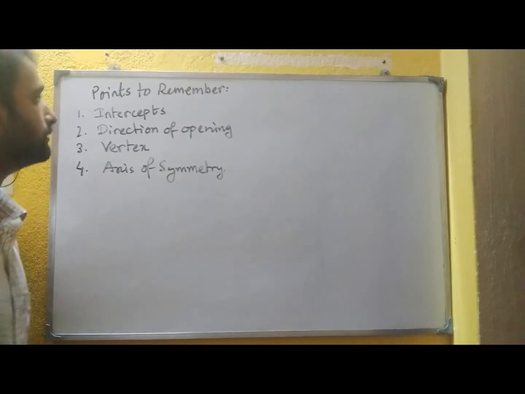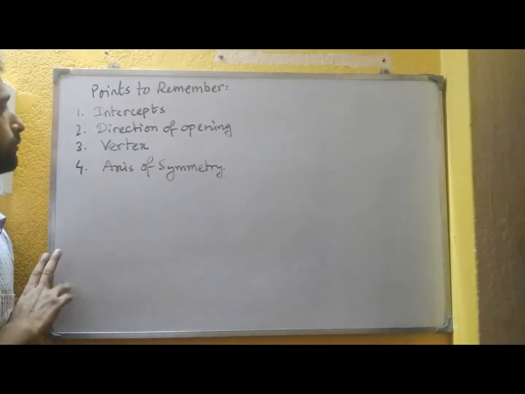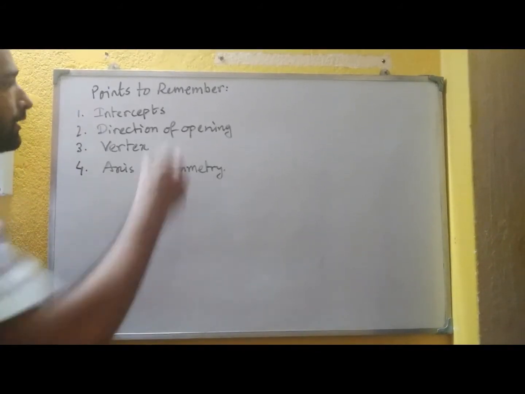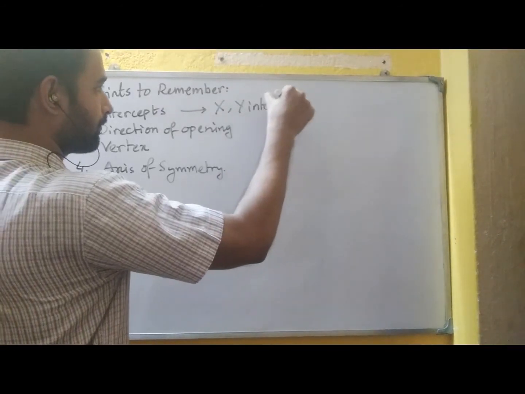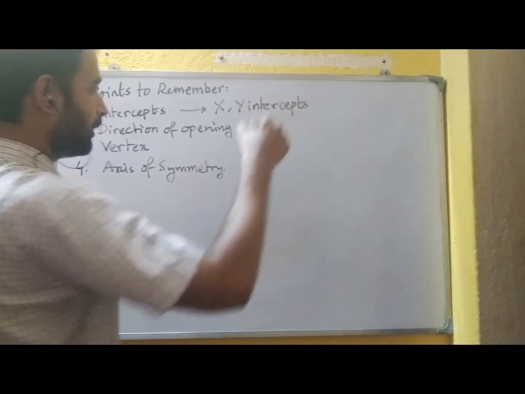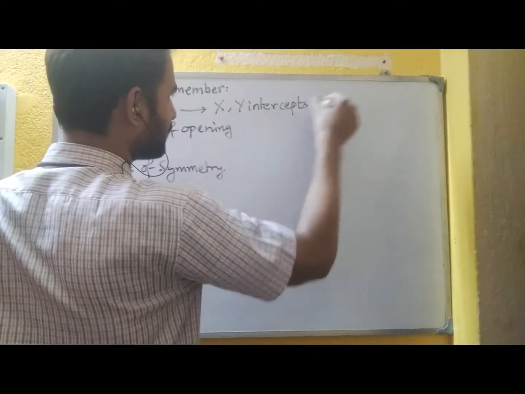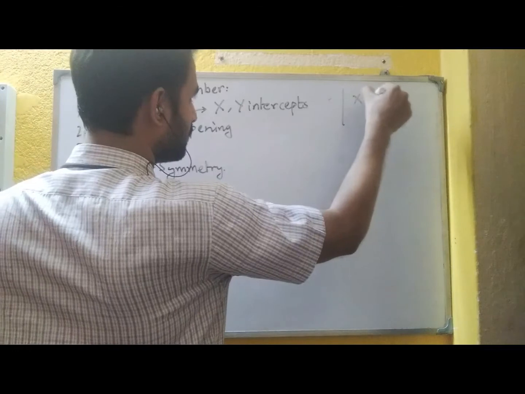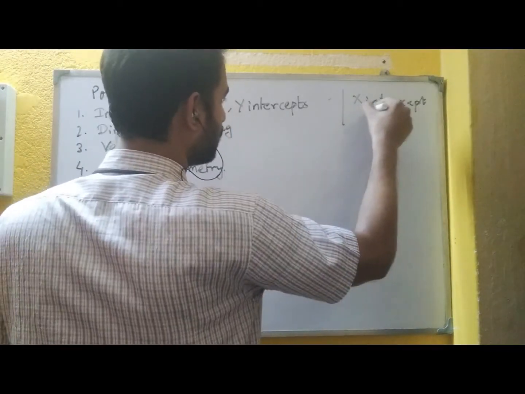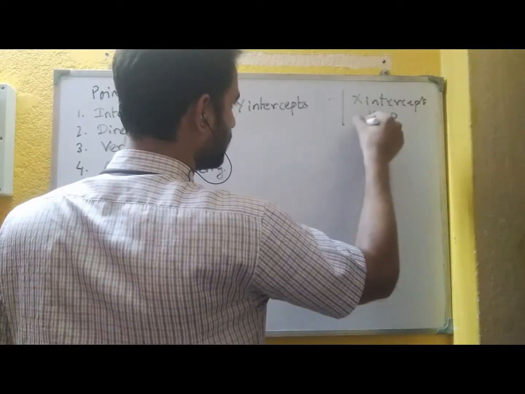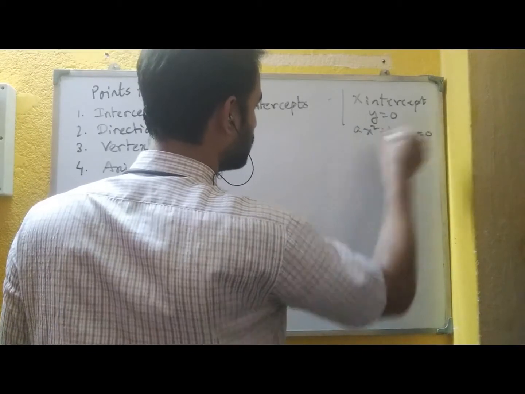Okay. So as we have seen previously, these four topics are there to remember. The first point is the intercepts, that means the x and y intercepts. How can we find the x intercept and y intercept? For the x intercept, we put y equals 0. So basically we are taking the equation ax square plus bx plus c equals 0.